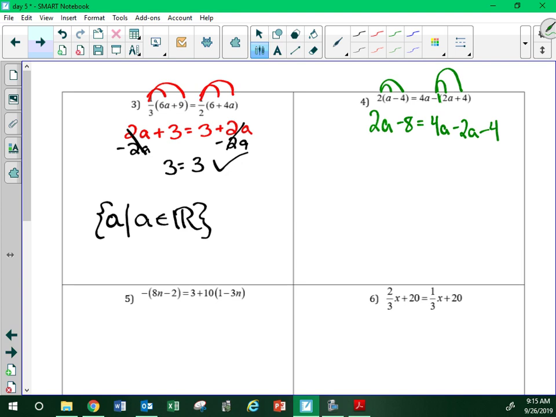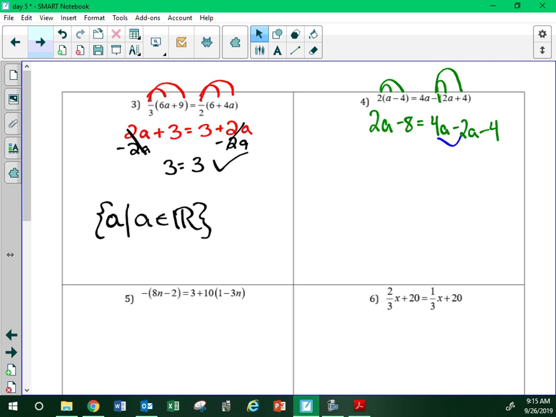We combine like terms also, right? Mhm. Yeah, so I would say go ahead and combine your 4a and negative 2a. Would that be 4 minus 2? It would be 4 minus 2.